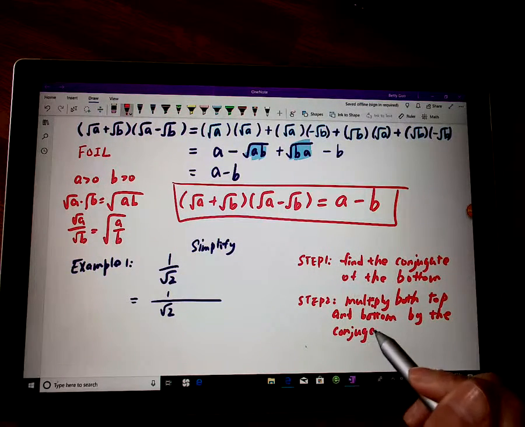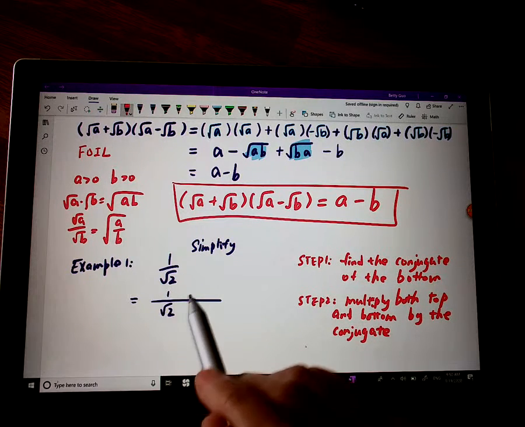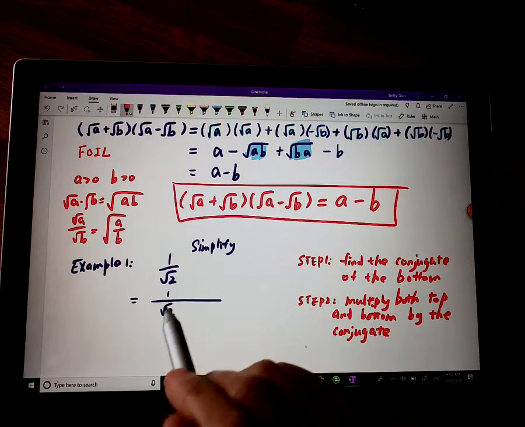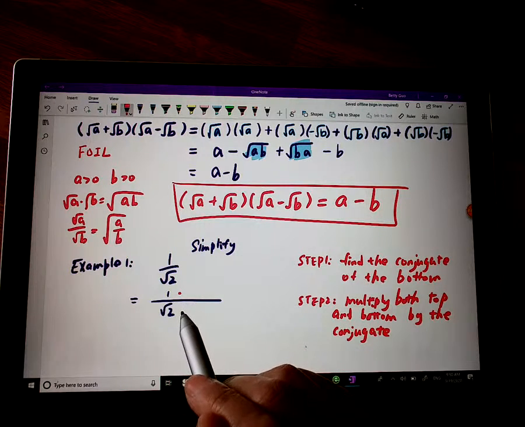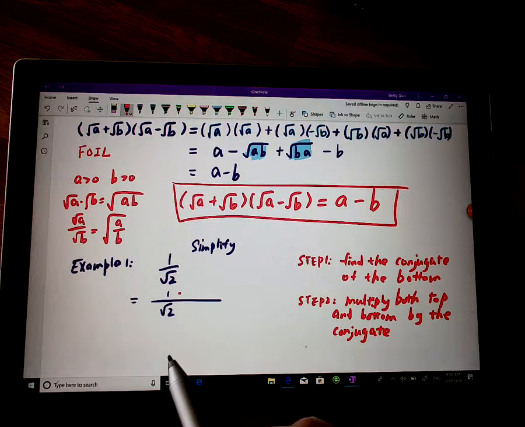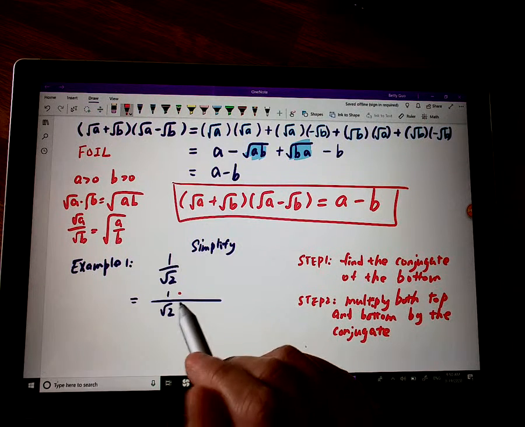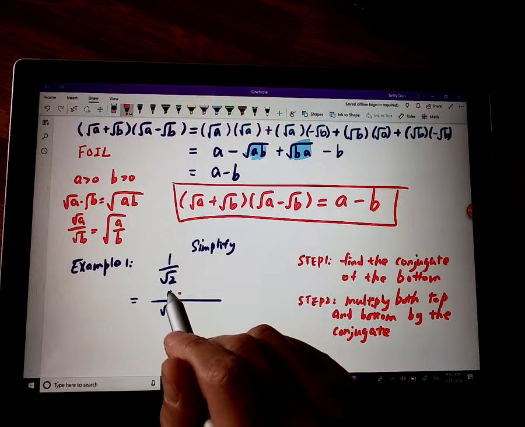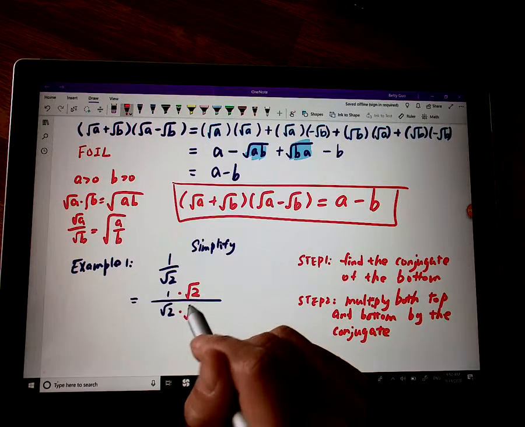We agree the conjugate of the denominator, the conjugate of root 2, is itself. So we are going to apply the multiplication property of a fraction. This is a fraction, right? Numerator, denominator. We're going to multiply both numerator and denominator by the conjugate, root 2.